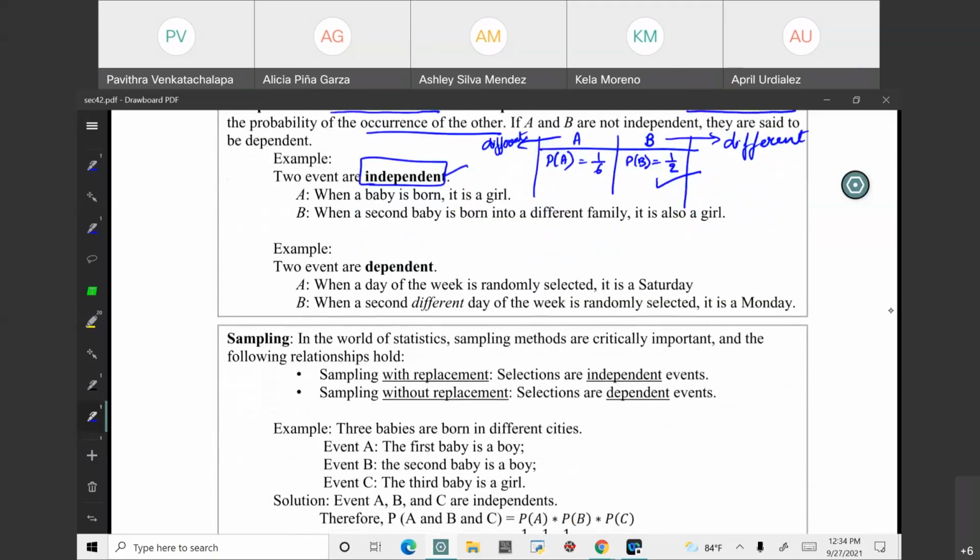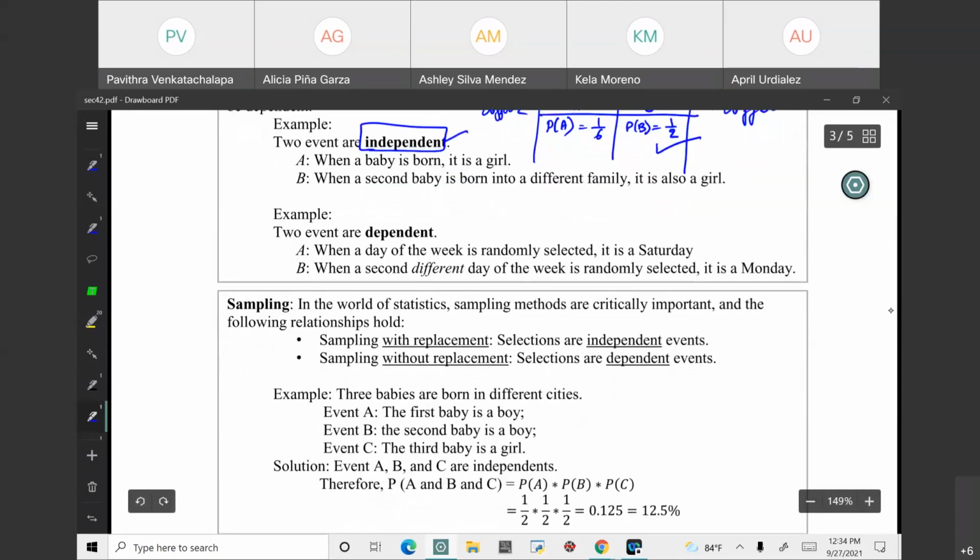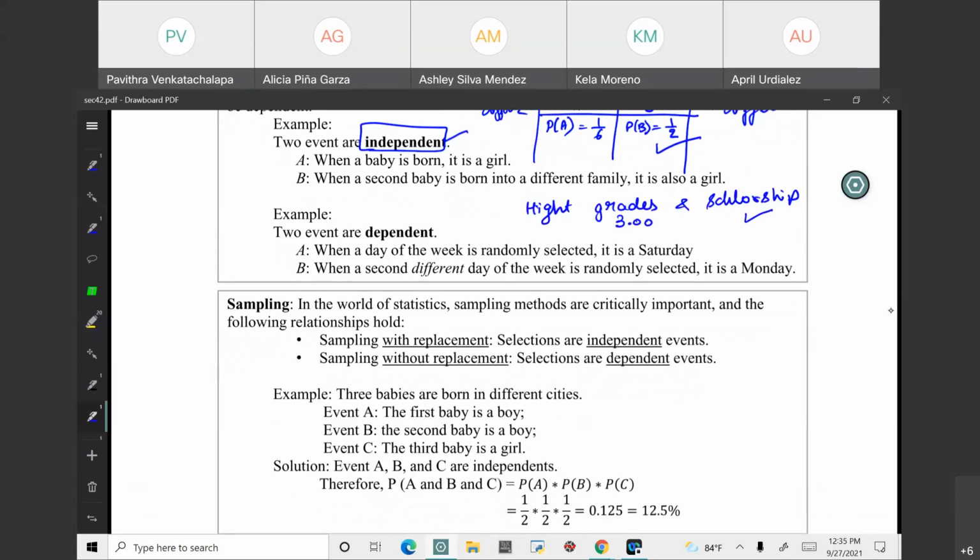Now what are dependent events? It is nothing but if it is affecting, that is called dependent. For example, high grades and a scholarship. Now, if your GPA is 3, it is definite that you will be getting a scholarship.